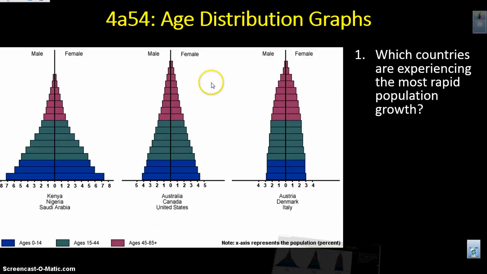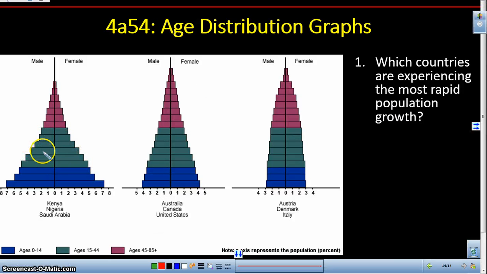If you look at this closely, you'll see that there's a small older population here, a relatively large medium one, and a very large group of individuals down here that are between the ages of 0 and 14. So obviously there will be some deaths, but if the death rate were very low, these individuals continued to age and grow older.